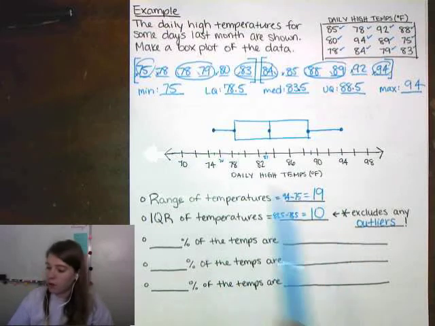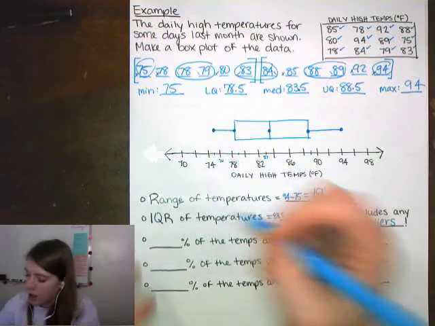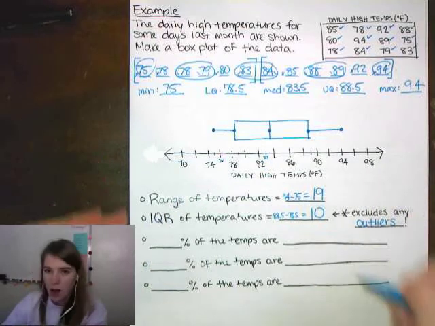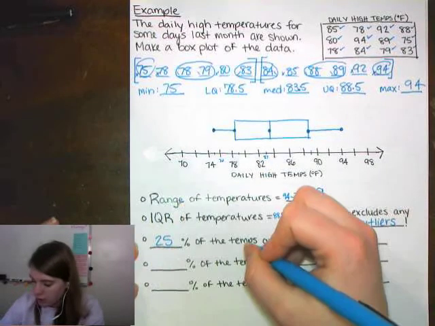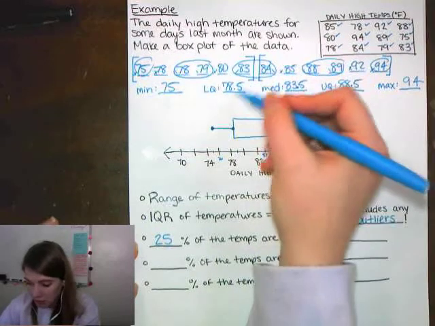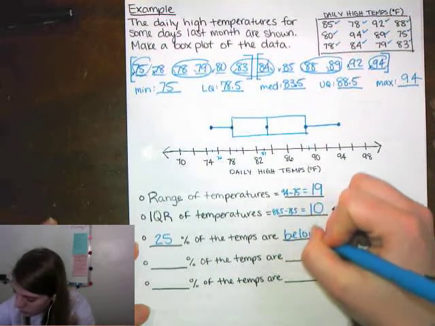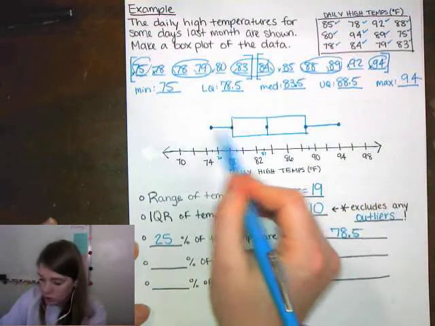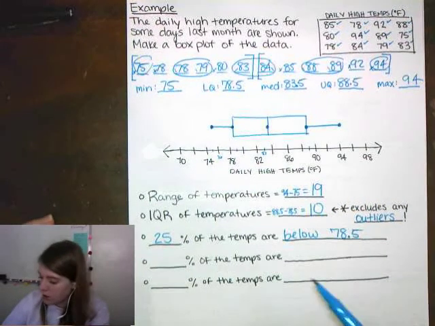All right, and then going back to what each kind of whisker in each box represents. So for this one specifically, this is just a couple of things we can pull out, not necessarily everything. So we can say 25% of the temps are below that lower quartile, are below 78.5. A whole quarter are less than that lower quartile, 78.5.